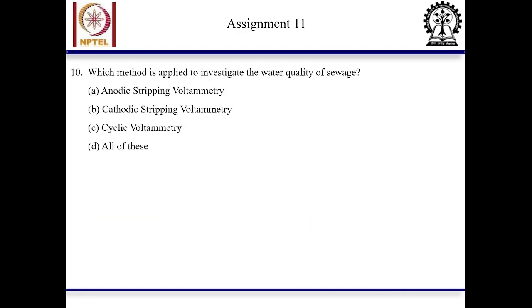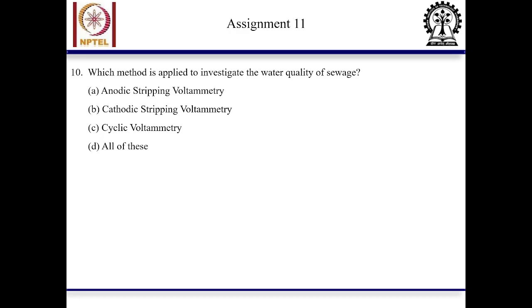Okay, let's go to question number 10. Which method is applied to investigate the water quality of the sewage? Anodic stripping voltammetry, cathodic stripping voltammetry, or cyclic voltammetry, or all of these.